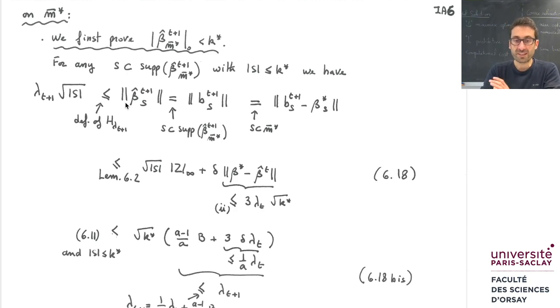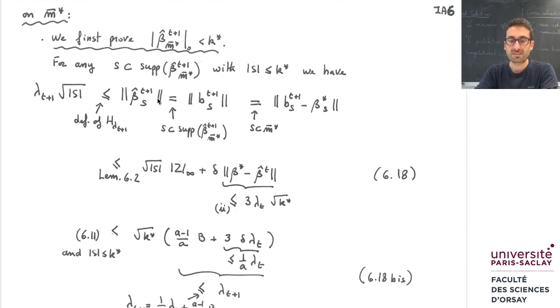Now, again, we use the fact that S is in the support of beta t plus 1. Since it is in the support, it has not been set to 0 by the Hard-Thresholding. If it has not been set to 0 in the Hard-Thresholding, it means that they have not been changed when applying the Hard-Thresholding.